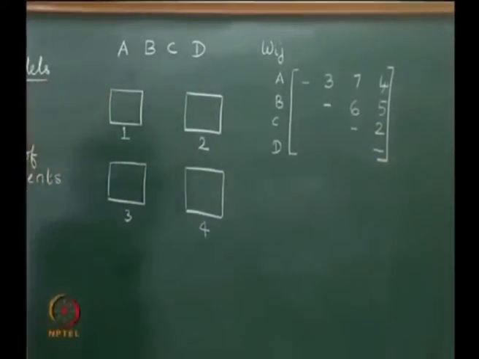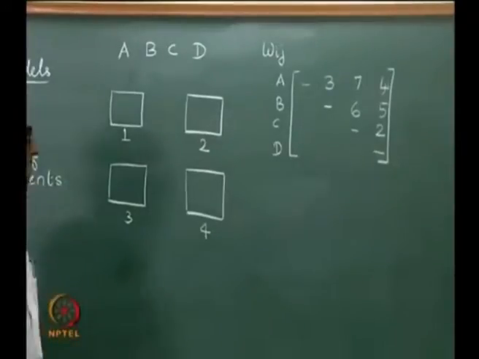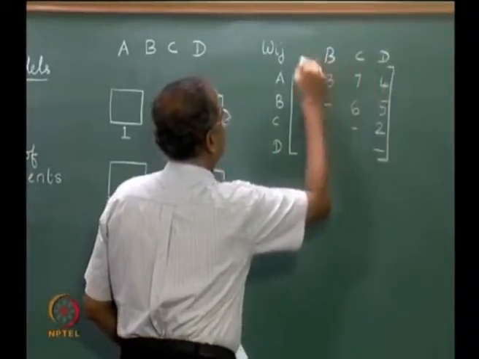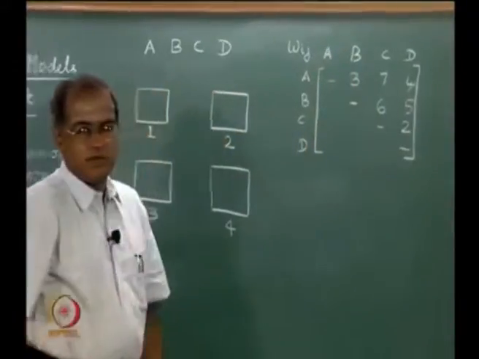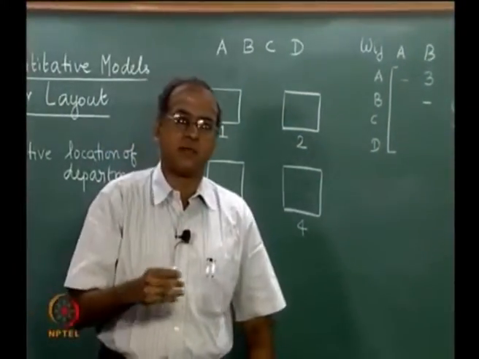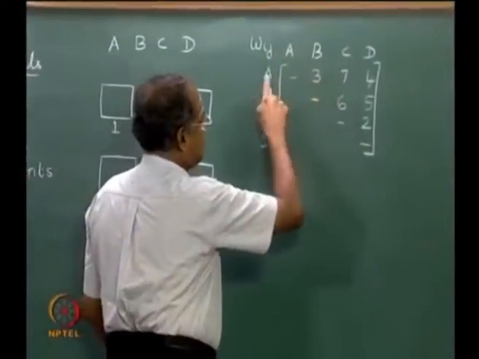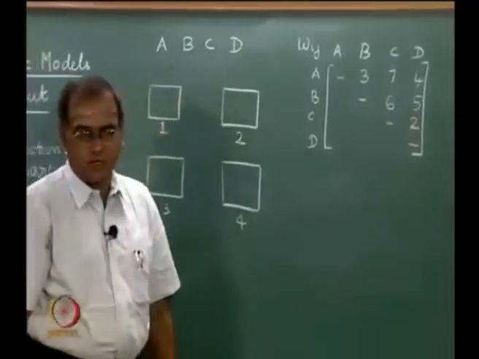Now, we have assumed this matrix to be symmetric. This says that movement from A to B is 3 units, usually it is in tons or some kind of weight measurement. A to C is 7 units, A to D is 4 units and so on.